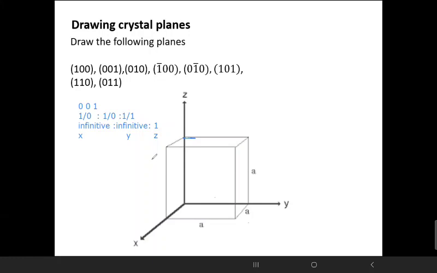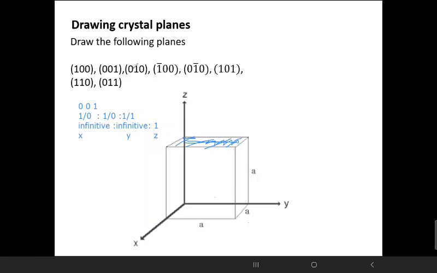Which is the xy plane? Here, this is your xy plane. (0, 0, 1). Dear students, if you have any doubt, you can ask. This is the plane, the xy plane, z equal to 1.